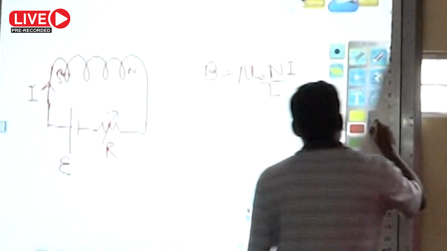So the magnetic field lines inside can be drawn like this. I will draw certain field lines, not all, only two.